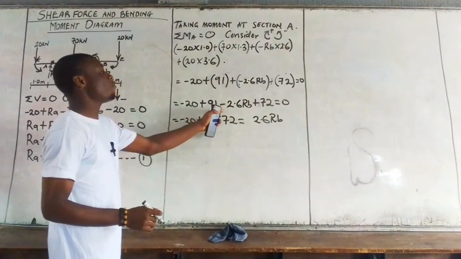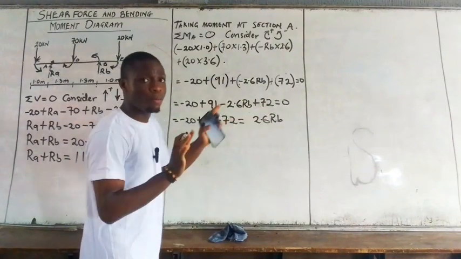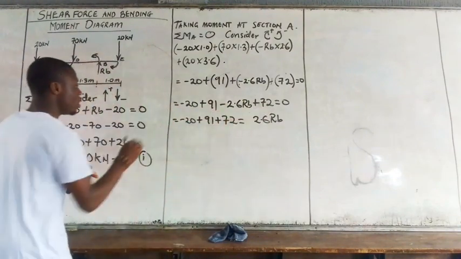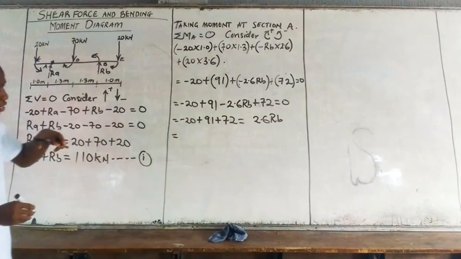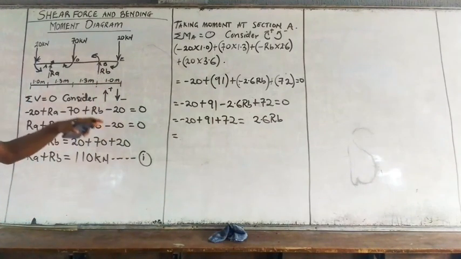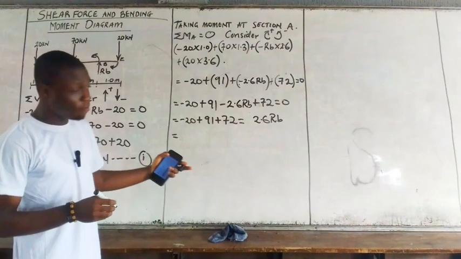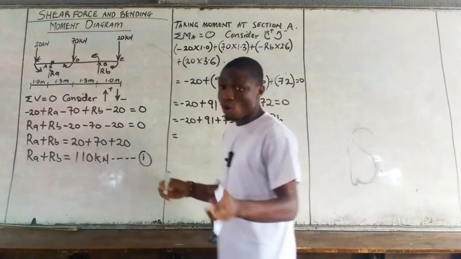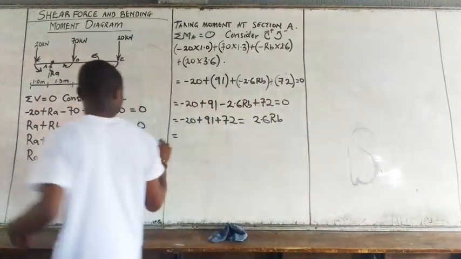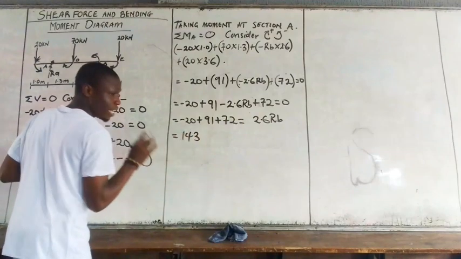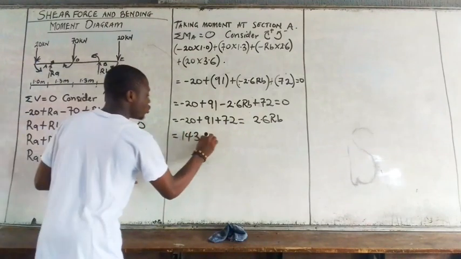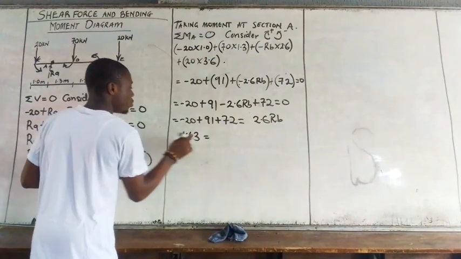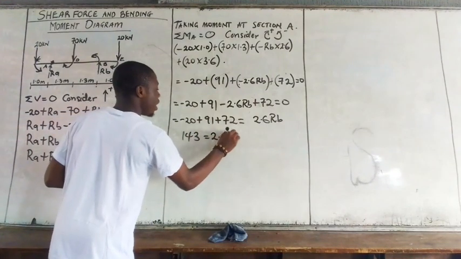When negative crosses the equality sign it becomes positive. So if I do these quantities, minus 20 plus 91 plus 72, it's 143. So it's equal to 2.6 RB.